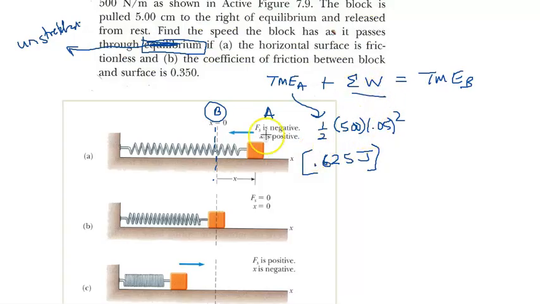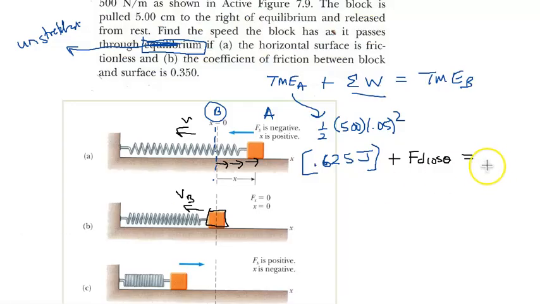Okay. What's changed is that as the block goes from A to B, friction is acting opposite the velocity vector. So we're going to have plus FD cosine theta of friction equals TME at B. And again, at B, spring is done giving away energy, still at sea level, but I do have some speed at B, and because of friction, it's going to be less than the number we had before.